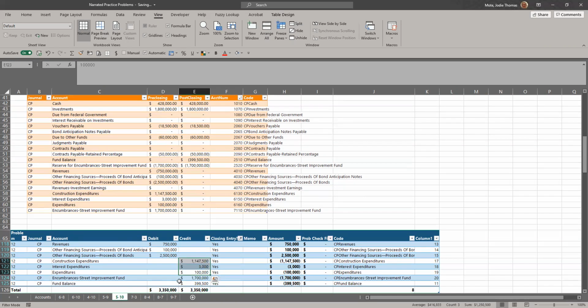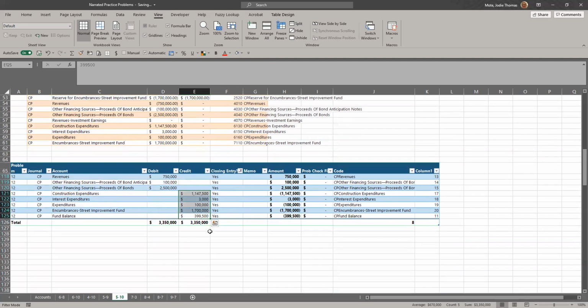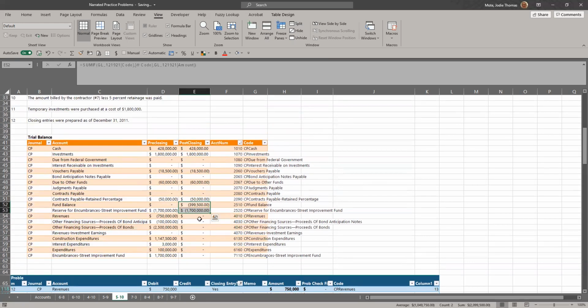So you're doing all that, and it's all closing out, including encumbrances, right? Because you recorded this encumbrance this year, but it's really just setting aside, and that reserve's not going anywhere. That reserve's staying there. So you've got a reserve and a fund balance here that are going to be the only remaining accounts from the income statement side of things.